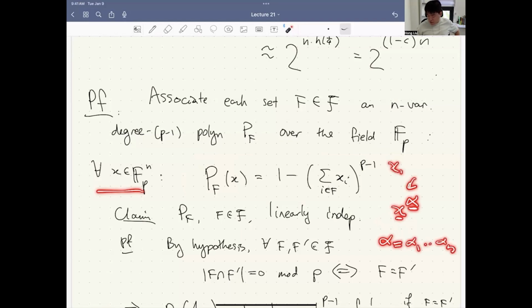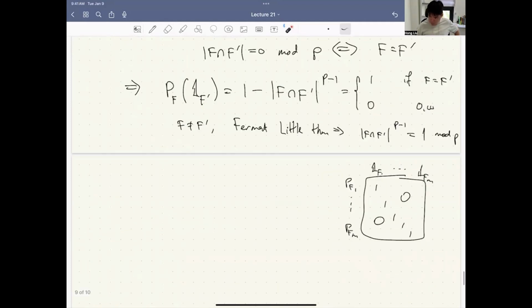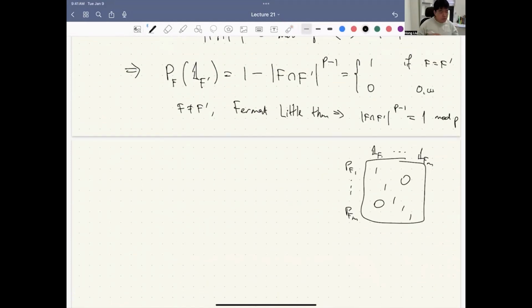This just means x1 to the alpha 1, x2 to the alpha 2, xn to the alpha n. What do we know? We know the sum of all alpha i's is at most p minus 1. But the number of such polynomials, there are just too many. We need an additional trick called multilinearization.